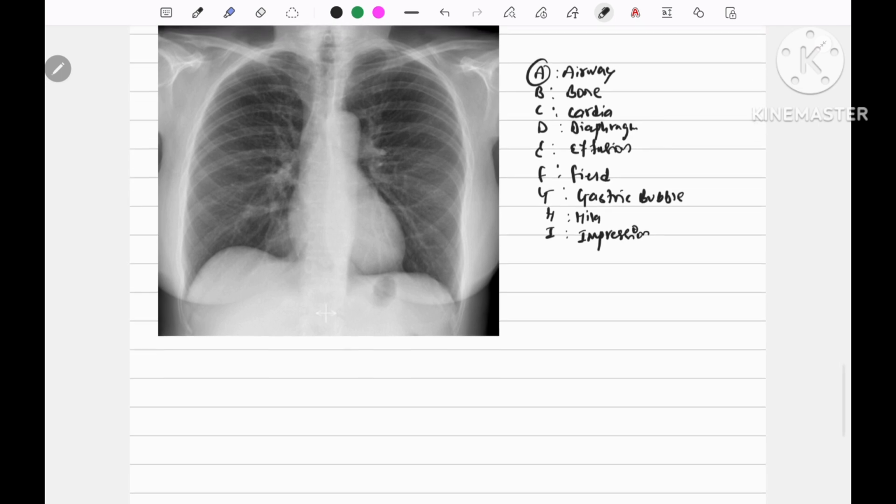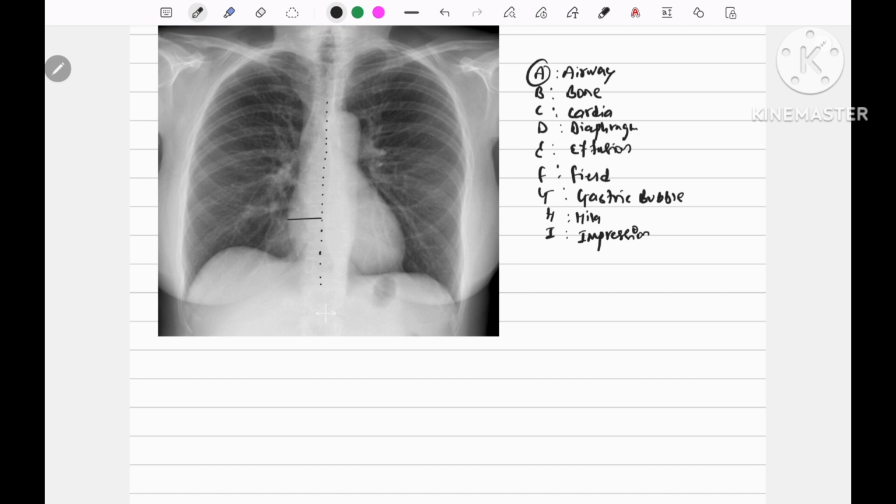Now we will learn about the cardia. In case of cardia, first we will take a midpoint line from the vertebra. Okay, this is the midpoint line from the vertebra. Then we will take the maximum distance at the left side and at the right side.